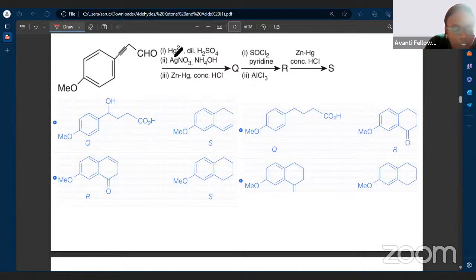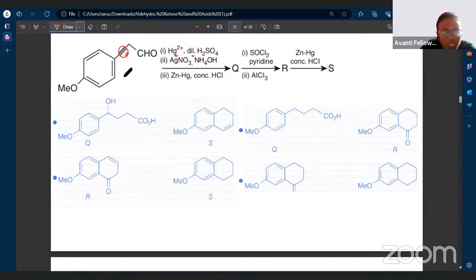Okay. So here you have Hg2 plus, dilute H2SO4. Where will this reagent be used? It will be used when you do the hydration of an alkyne. When you do the hydration, we'll be using Hg2 plus in dilute H2SO4. Okay, so oxymercuration happens.